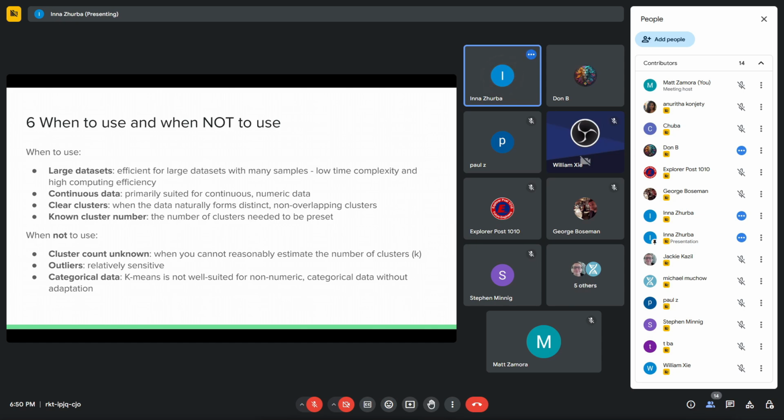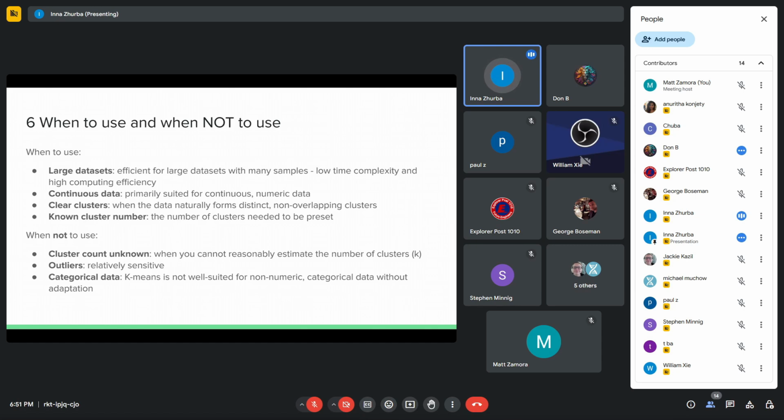We talked about how it's sensitive to outliers, so there are algorithms that better deal with outliers, for example DBSCAN, the one that is also present in the library. K-means is designed to work with numerical data primarily.